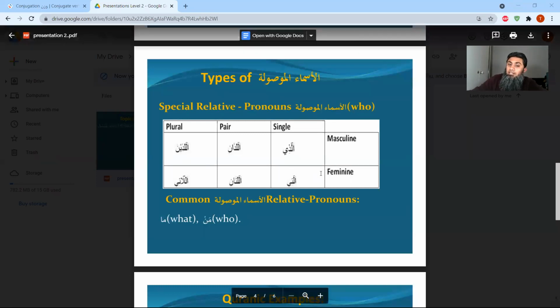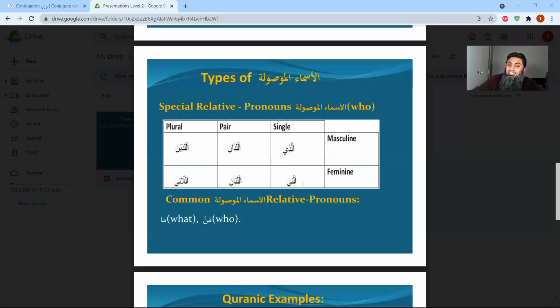In case of feminine, allati. Still the meaning is who, but who feminine. And allatani, and allati is the plural. But remember this point and please pay attention.